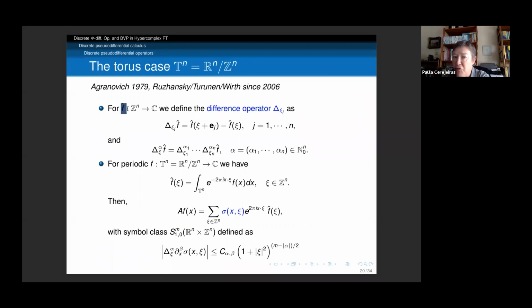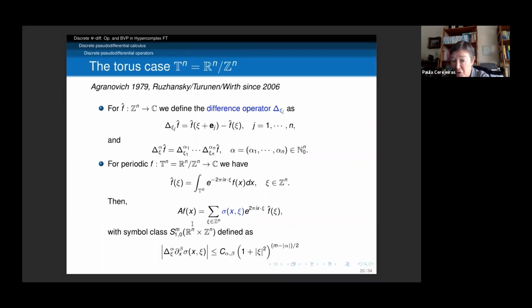So when the frequency is based in a lattice, you can define the difference operator, and you have already a theory for pseudo-differential operators in this case from Agranovich, Vishik, Turunen, and Wirth.